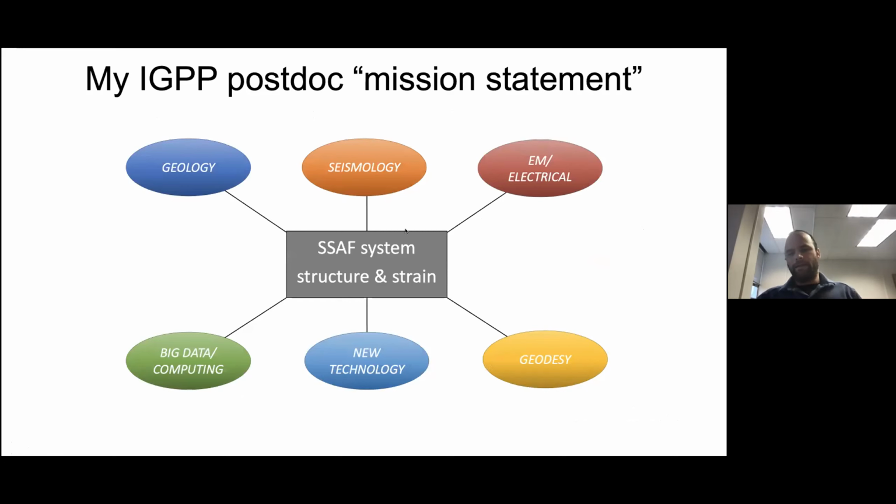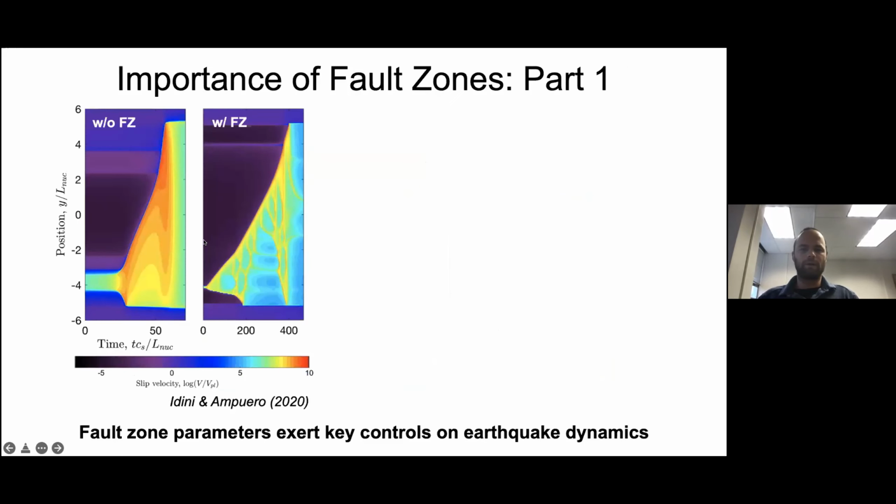But then, as we evolve in this field, we start to use new technology, like using drones for LiDAR surveys and nodal deployments for dense seismic networks. And as soon as we use these tools, we have to start looking a bit more at big computing and data. So I try to cover these topics in my work. But once again, I can't do all of that today. I'll only focus on some of it and some highlights of the work.